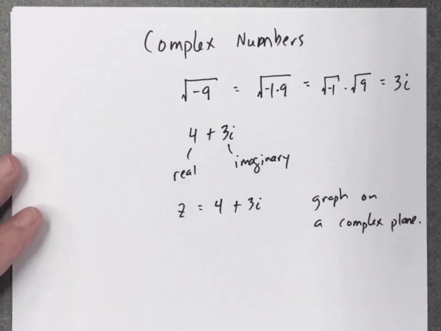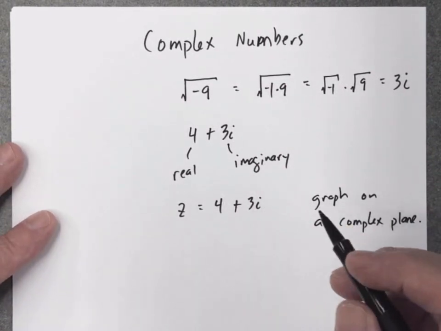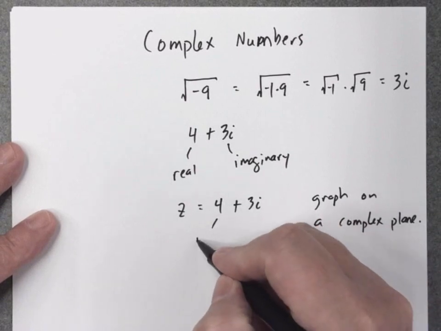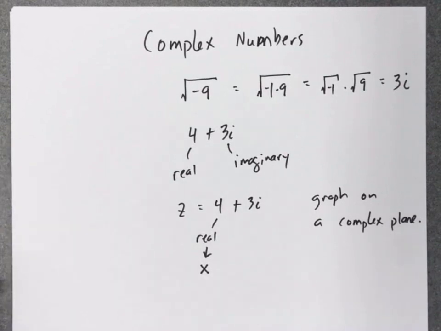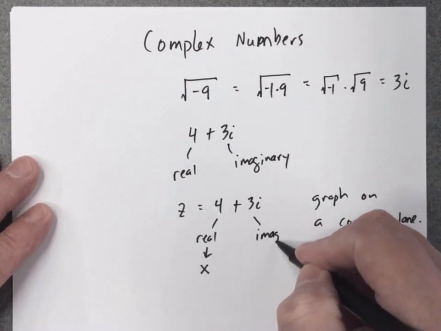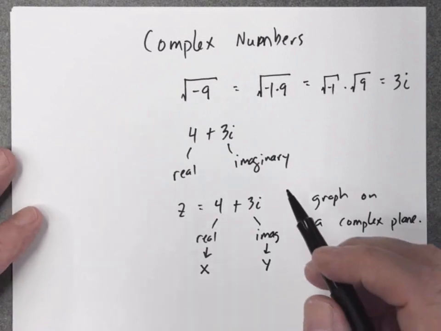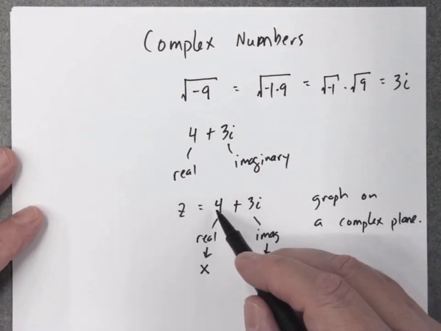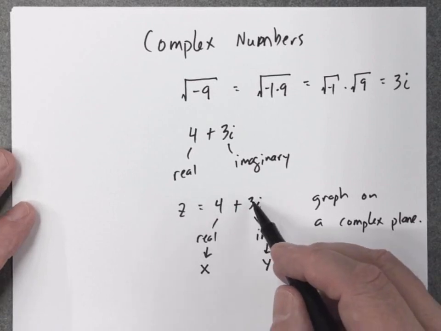And it's actually pretty simple, because what they decided to do is, if you have a complex number, you take the real part and you graph that like it's the variable x, and then you take the imaginary part of your complex number and you graph it like it's y. So in a minute you're going to see, when we graph this complex number 4 plus 3i, it's like 4 is x and 3 is y.